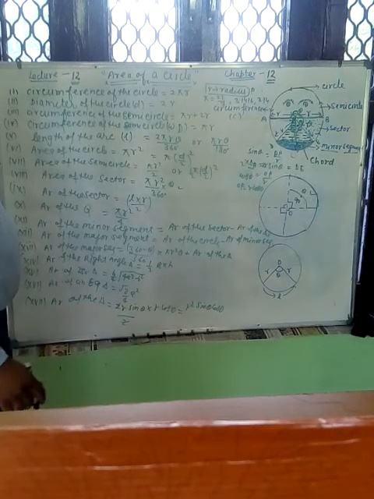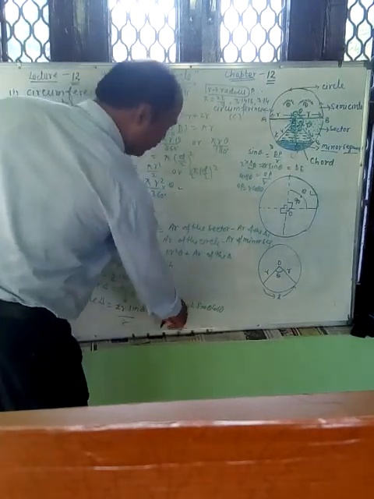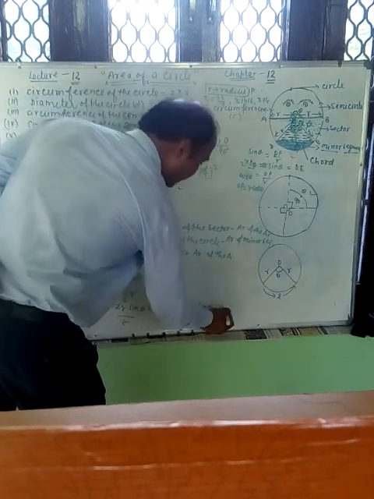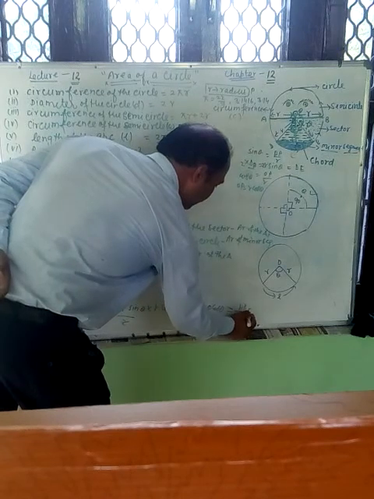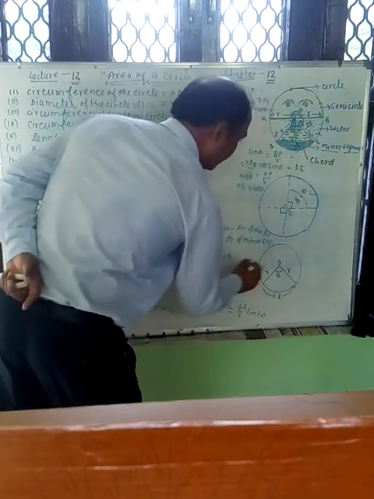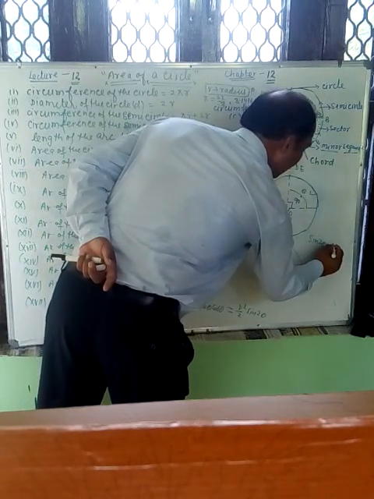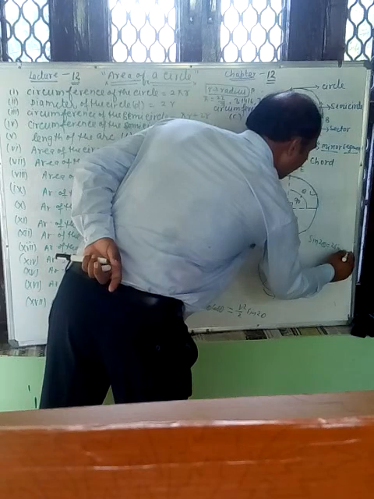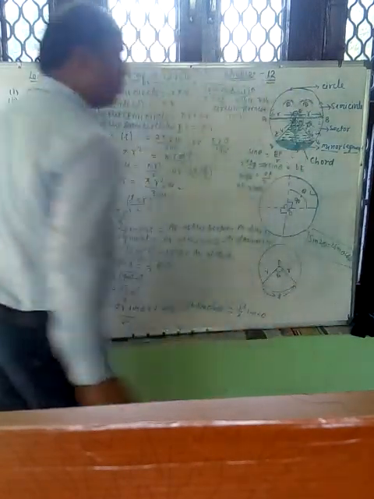This formula you can also use: multiply by 2 and divide by 2, or r square upon 2 into sin 2 theta, because sin 2 theta is equal to 2 sin theta cos theta. This is also a trigonometric formula.